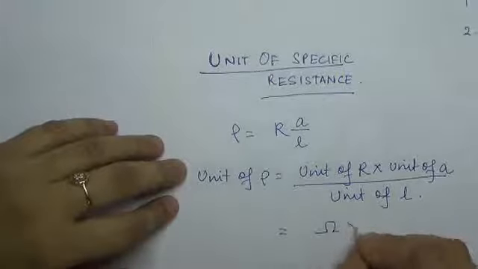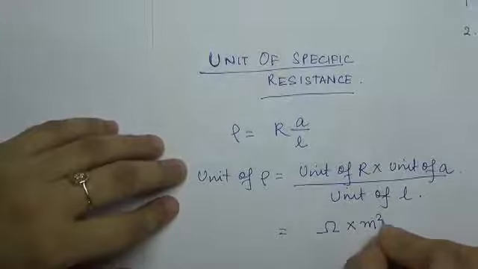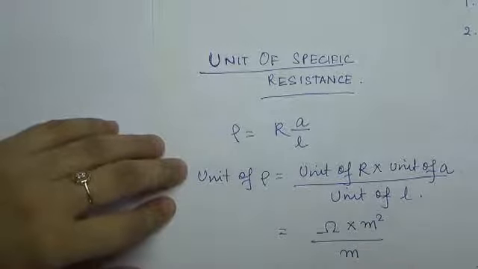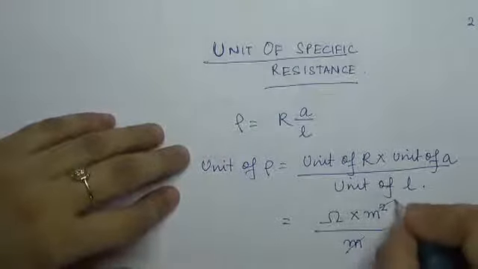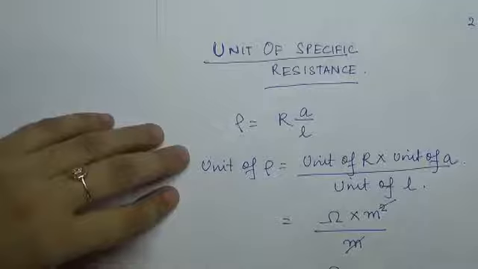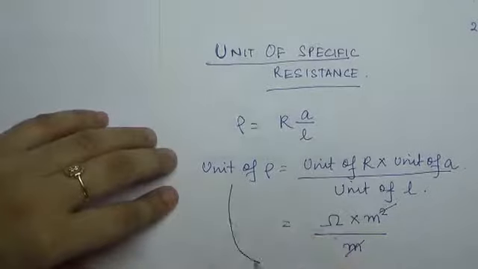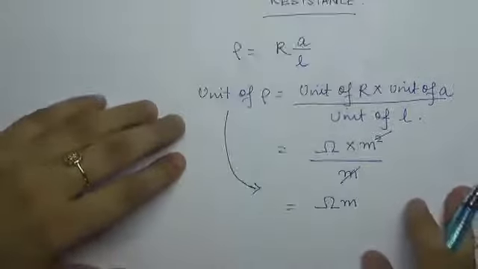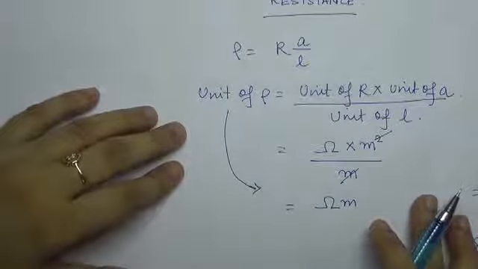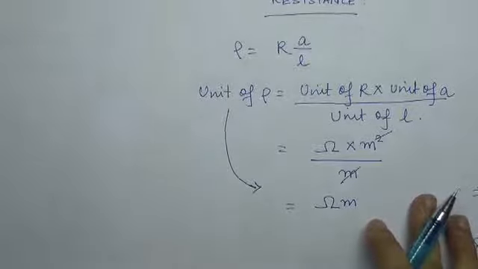Ohm. What is the unit of A? A is area, so meter square. What is the unit of L? L is length, so meter. This meter will get cancelled out, so you are left with ohm meter. Therefore, the unit of rho is ohm meter. This is the SI unit of specific resistance.